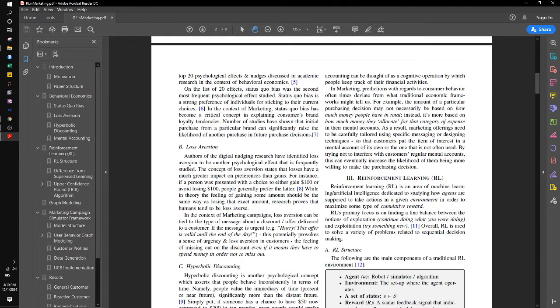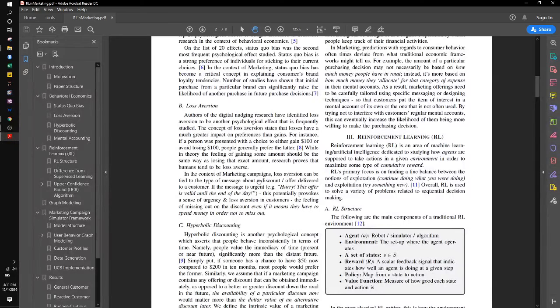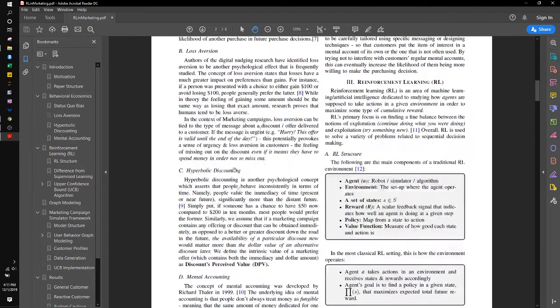In the context of marketing, or in our simulation, if we have a message in the offer that says, hurry, this offer is valid until the end of the day, it seems very urgent. The feeling of missing out, or FOMO, the fear of missing out on the discount, even if it means that they have to spend money on it now, is greater than actually not getting it. So they're loss averse.